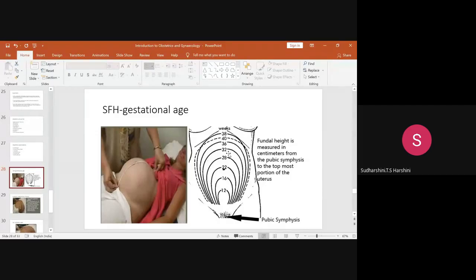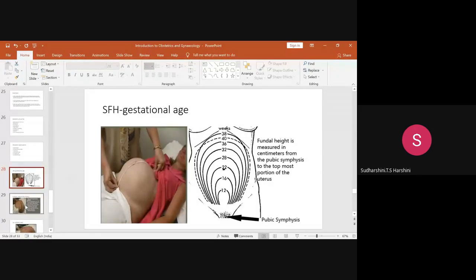So if the fundal height that you measure with the ulnar border of the hand is 36, the symphysio-fundal height will also be 36 centimeters. This is from 14 weeks till 32 weeks; some books mention even 34 weeks. So this is easy, you can easily do fundal height and symphysio-fundal height.